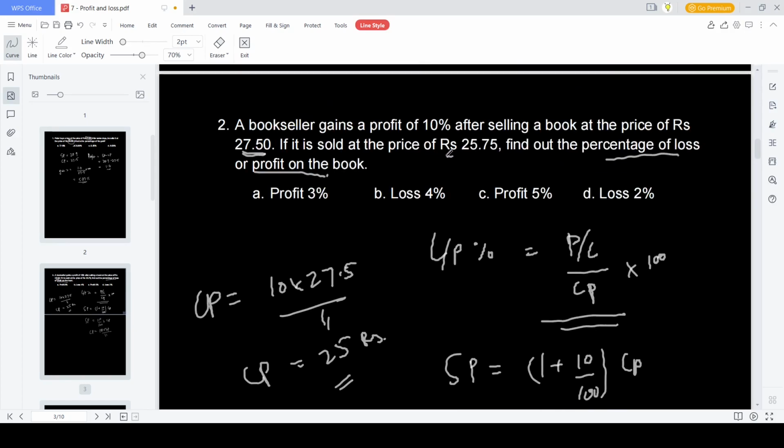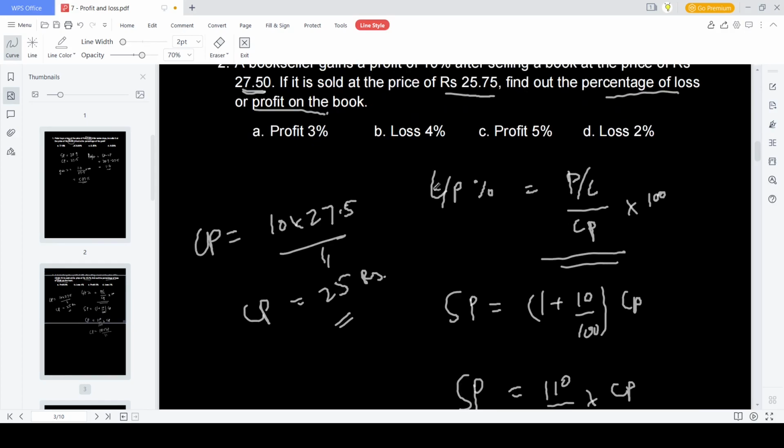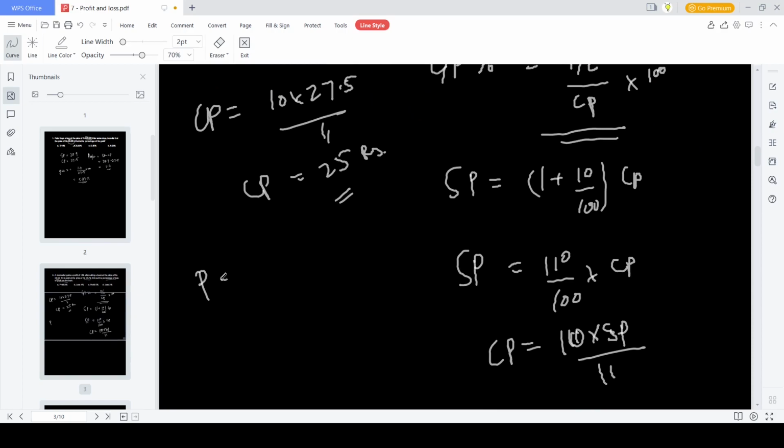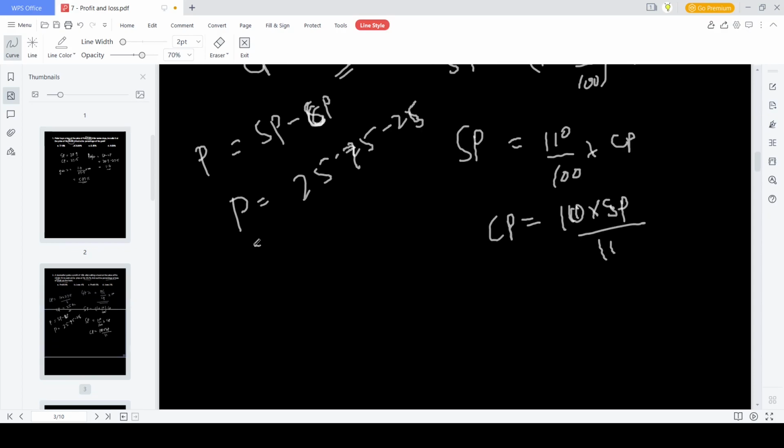Now if he sold it at 25.75, it is a gain, right? Because the selling price is more than cost price. So selling price minus cost price will give you the profit. So profit is 25.75 minus 25, which comes as 0.75 rupees.